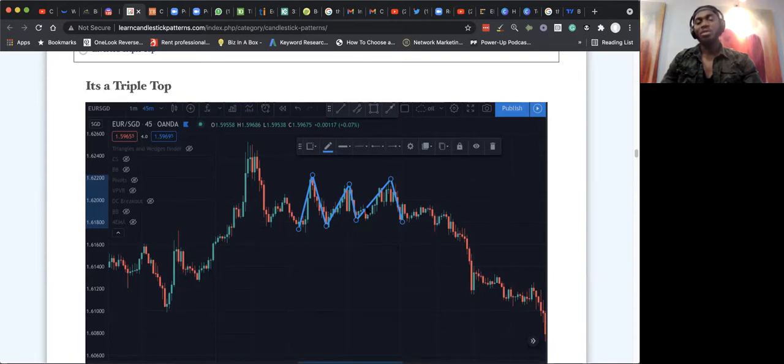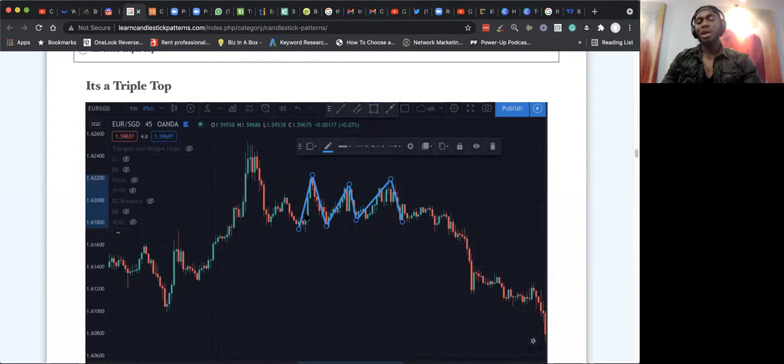Whenever you have a triple top, the pattern is bearish because it shows the sellers set a hard price that the buyers could not break.